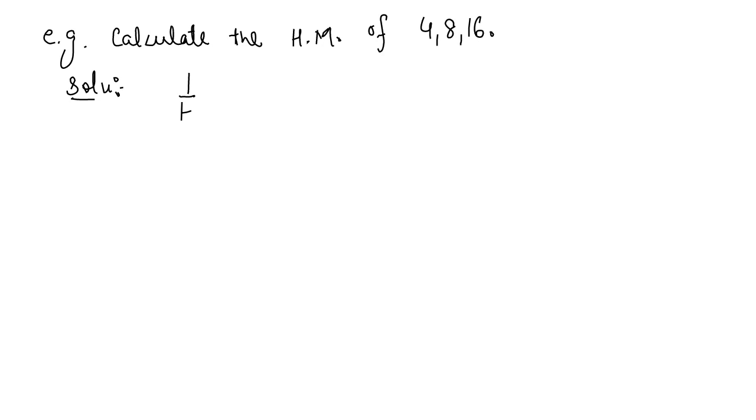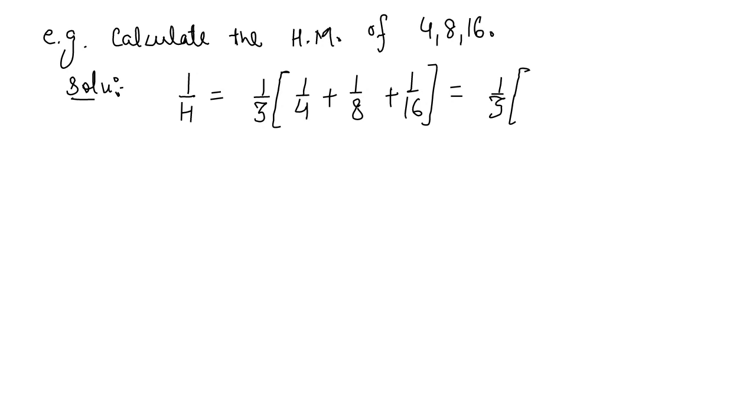So we know that 1 upon H is equal to 1 upon n. Here n is 3. So write down 1 by 3 into 1 upon x1, 1 upon x2, 1 upon x3. Firstly, calculate this value. Yes, Ashish is done. It is 7 by 48.